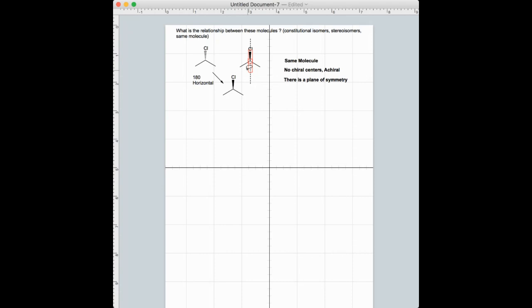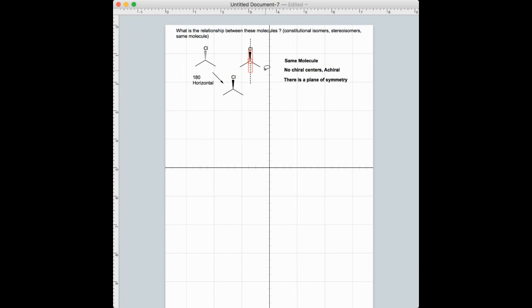If you need to answer whether or not this molecule is chiral, we have 2 options. First, look for chiral centers. There is no chiral center because there is not a single carbon atom here with 4 different groups bonded to it. So no chiral center, the molecule will be achiral.